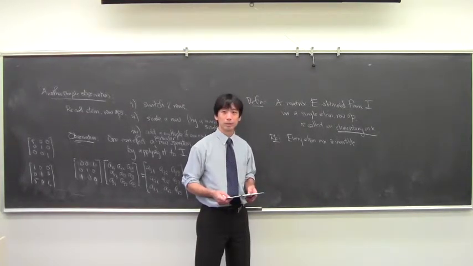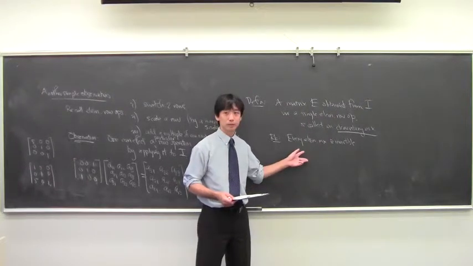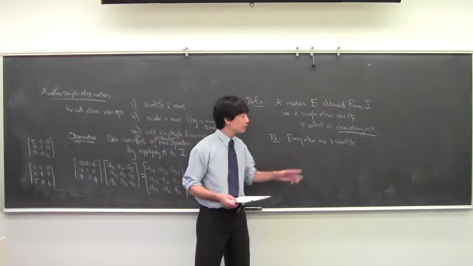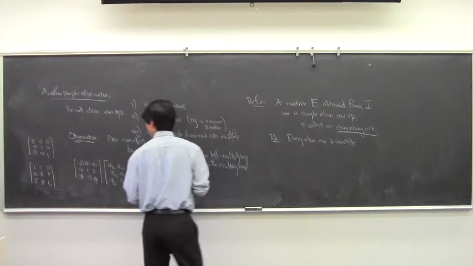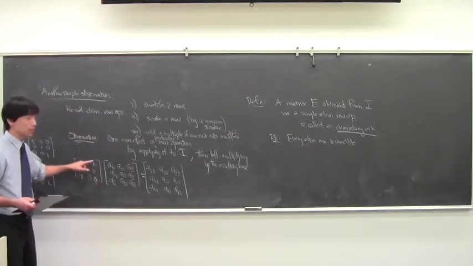If you have a switch matrix, what's its inverse going to be? Who is whispering? Here I have this switch matrix, so it switches the first and third rows.